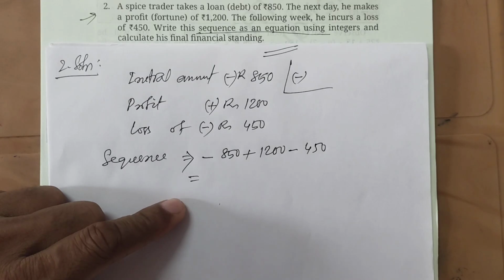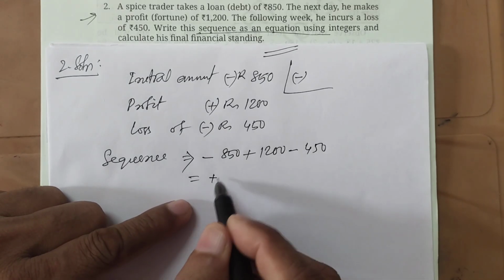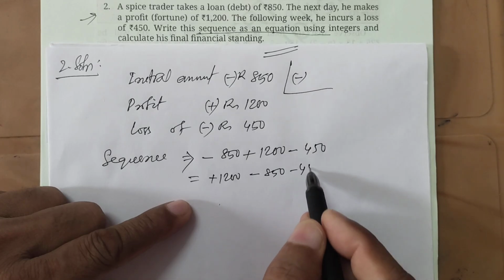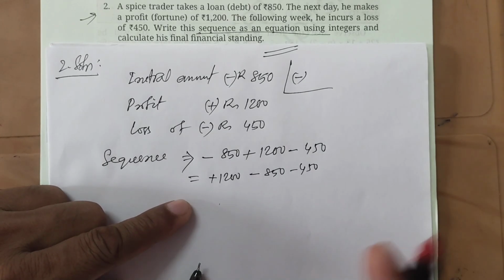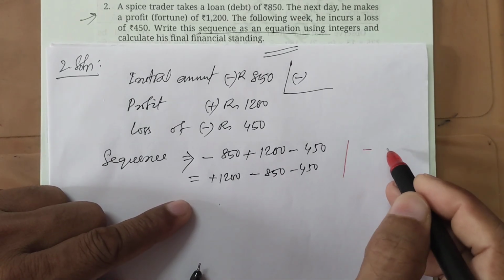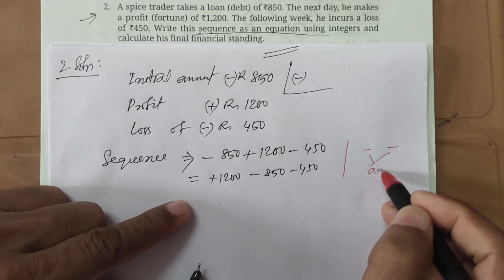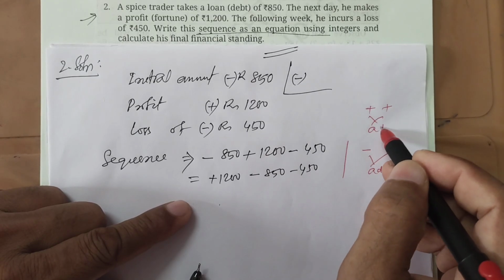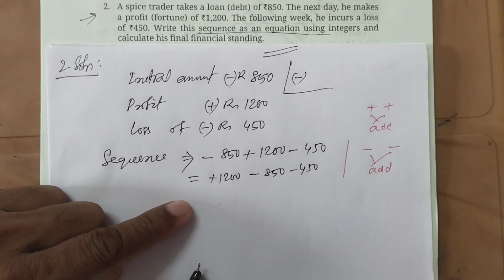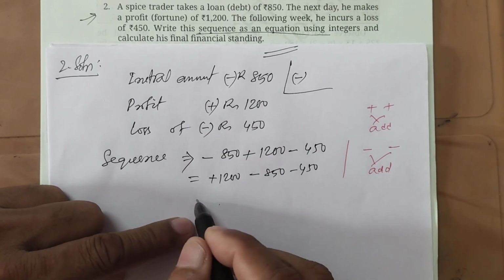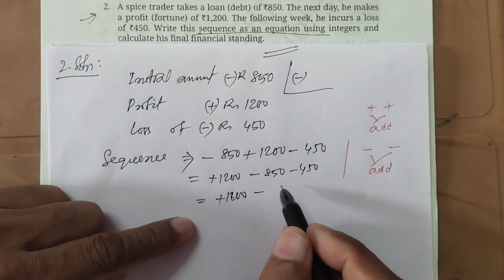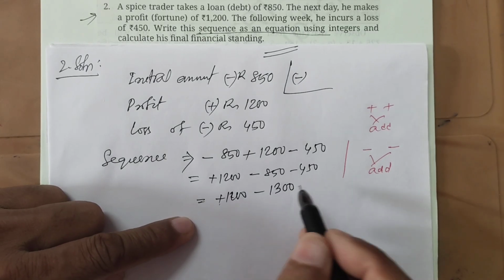Now we bring the positive number together, 1200, and all the negatives together, minus 850 and minus 450. The rule is like this: if same sign, negative, then we have to add. If positive also, we have to add. So here two numbers are negative, we add them, and 1200 will remain the same. Adding the two gives 1300.